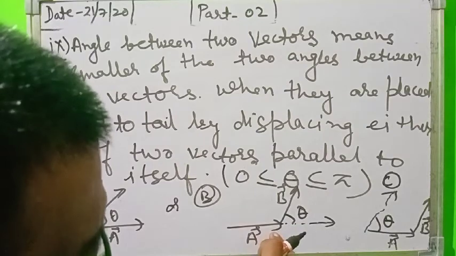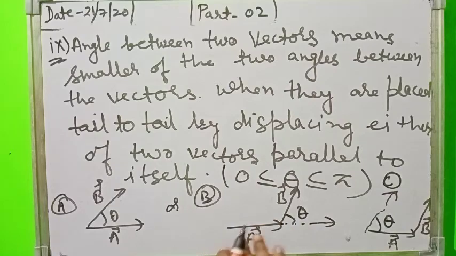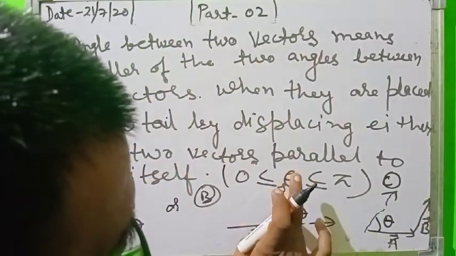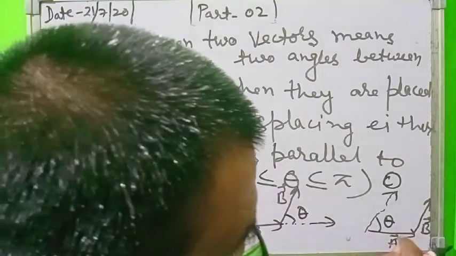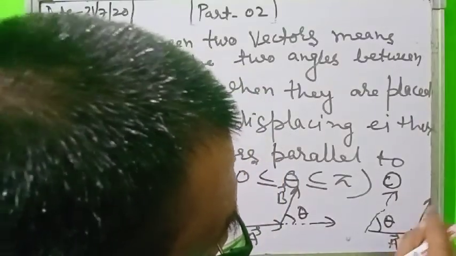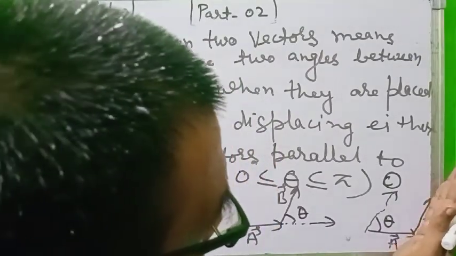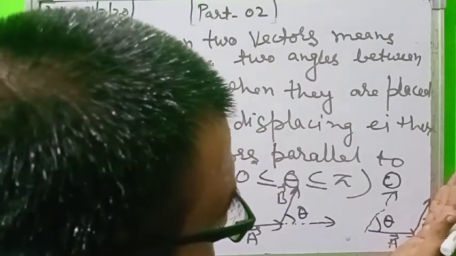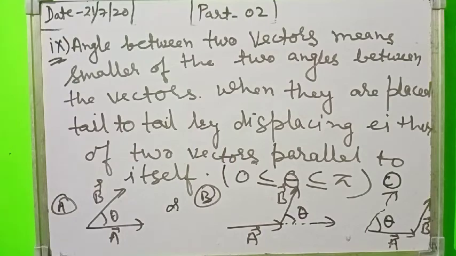Here the head of vector A is coinciding with the tail of vector B, so this angle is not considered. We translate or displace vector B such that the tail of vector B coincides with the tail of vector A, and that angle is considered as the angle between these two vectors.